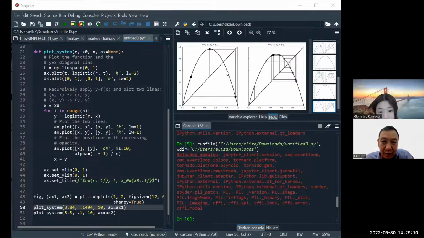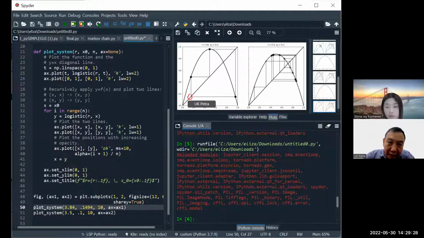Oh, can you see? Okay, there. Oh, there are 3 cycles, right? Can you see the 3 cycle? Let me annotate in yours. You see, this is the first, right? And then this is the second.